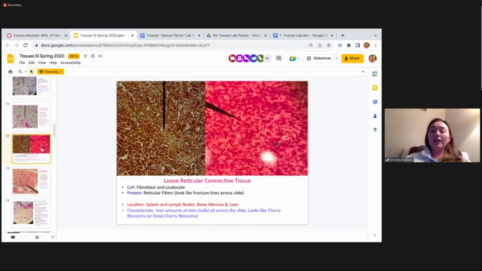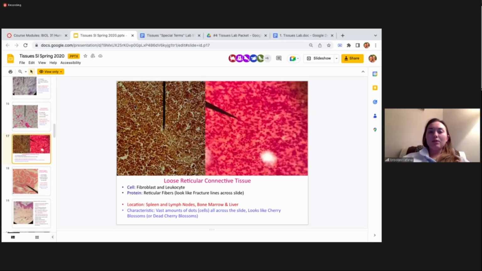Loose reticular connective tissue. I had somebody describe this as cherry blossoms when I was in the class, and it stuck. So I do think that this looks like cherry blossoms, if you picture how they fall on the ground from a tree. These are two different slides to show you that sometimes they can be brown or they can be this other stained color.